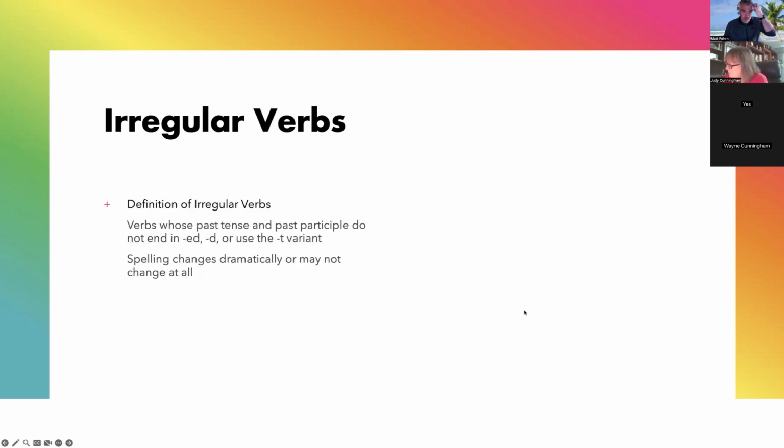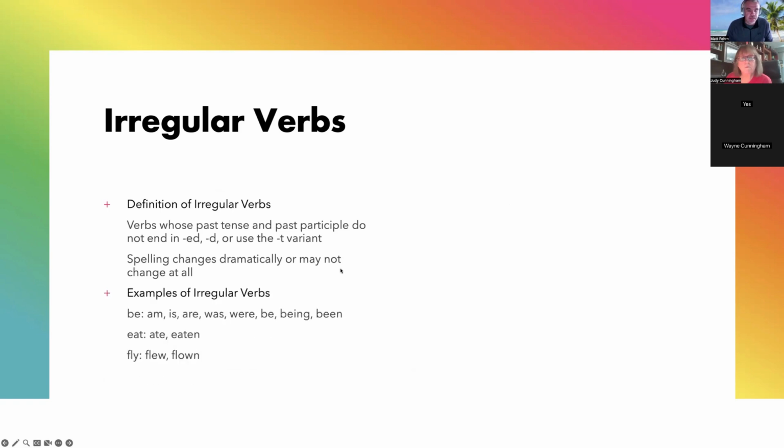Irregular verbs. Again, verbs whose past tense and past participle do not end in ed, d, or use the t variant. So we see all those: be, am, is, are, was, were, being, been. Again, and this is the same in Greek, they'll all be spelled differently. The verb to be; eat, right?